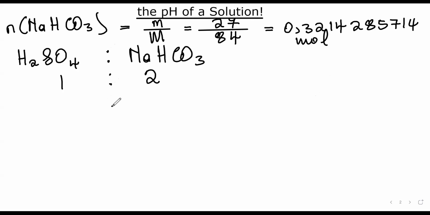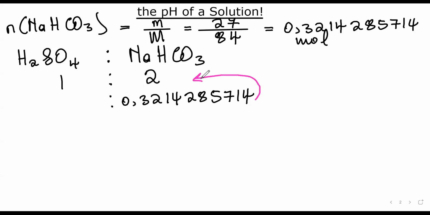So what does this relationship actually mean? It means that if I have 0.3214285714 moles of sodium hydrogen carbonate, how many moles do I need for the acid? Well, I simply say this one divided by that one multiplied by that one.